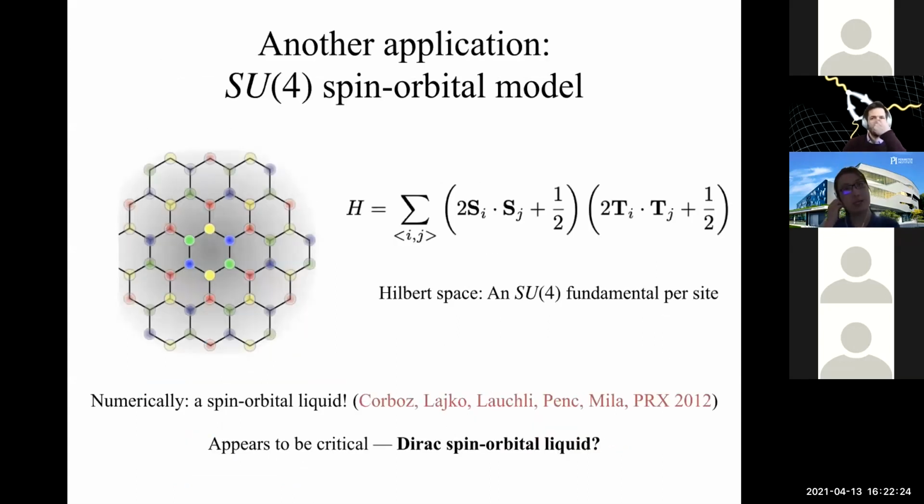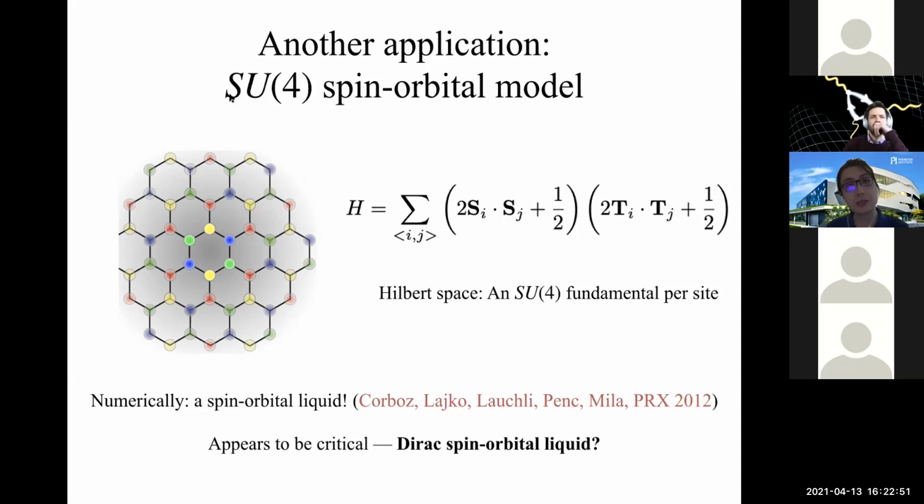So now let me, with my remaining time, briefly mention some more recent developments. Once you figure out how things work for SU2 spin, it's conceptually quite straightforward to generalize it to any arbitrary group, really, SU4 or anything.